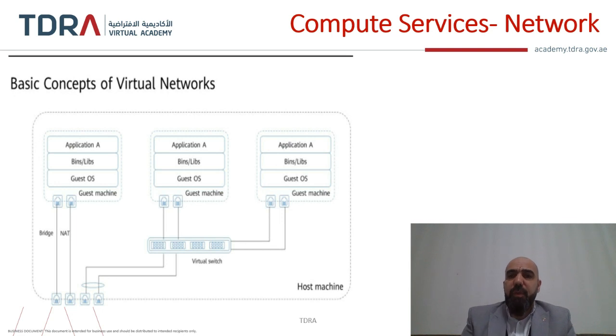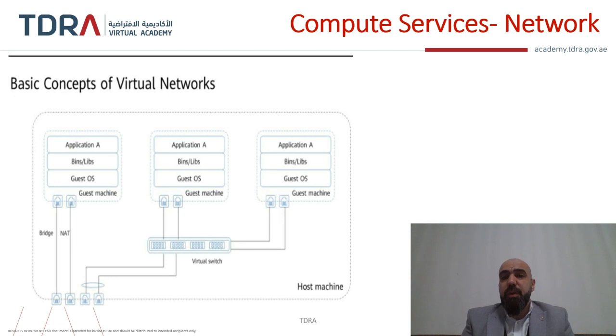So coming to virtualization, the types of network interface card mode are bridge mode and NAT mode, and there is also a third one called custom mode. Bridge mode means that you are taking the same subnet of your network from the physical network interface card.